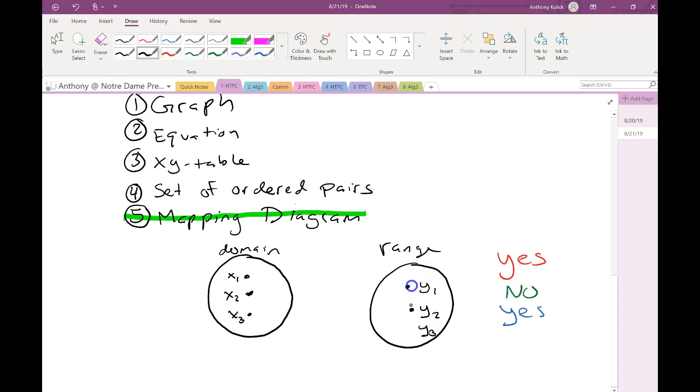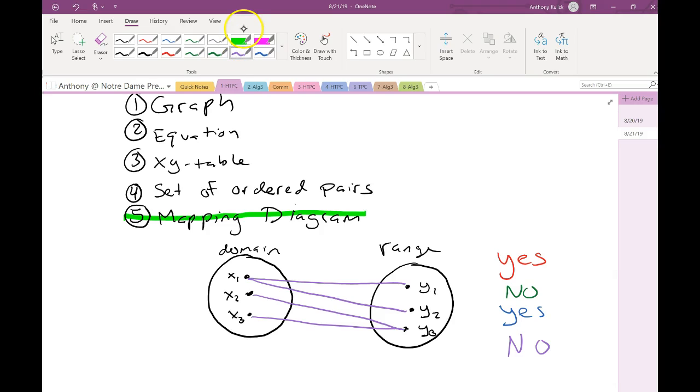Now consider instead if we had this one. That one is not a function. What's the issue on that one? This first x is paired with 2 y's instead of just one.